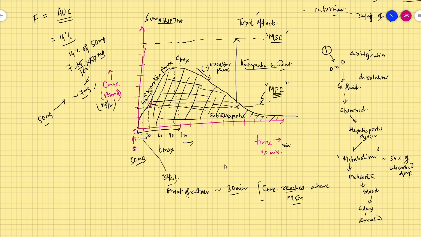So the physician has said you have to take 1 tablet for 1 day. So the time from the onset of action to the time where the concentration goes below the MEC is called the duration of action.